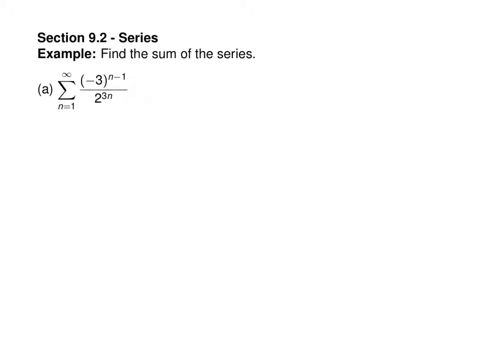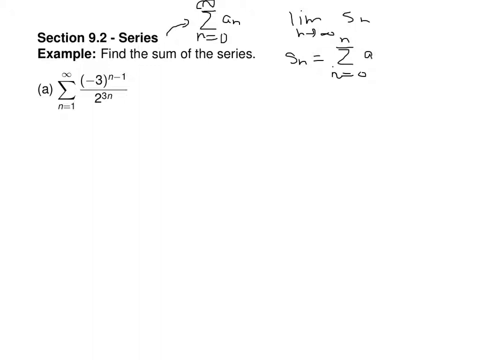Now recall that a series, so an infinite sum from n equals, say, 1, or we'll say 0, to infinity of some terms a sub n is defined as a limit of partial sums, where s sub n is the sum from i equals 0 to n of a sub i.